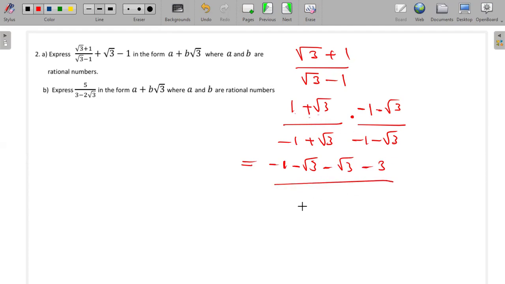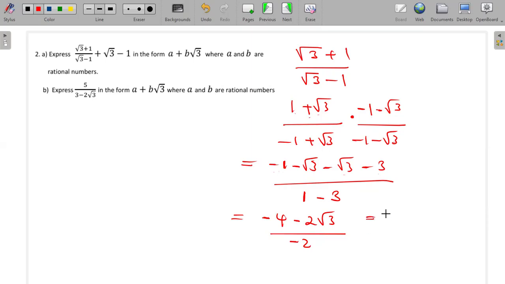Then divided by, this will be 1, since negative 1 squared is 1, minus 3. Then you can add the negative 1 and negative 3, and that gives you negative 4. Then you get negative 2 root 3, divided by negative 2, since 1 minus 3 is negative 2.